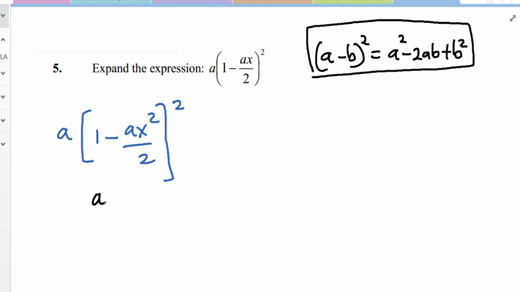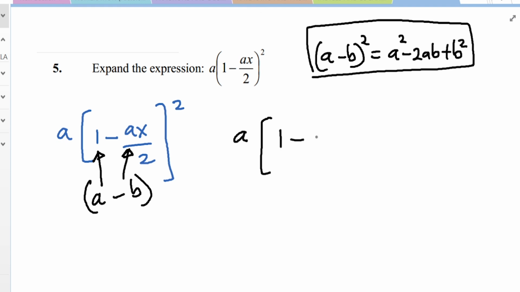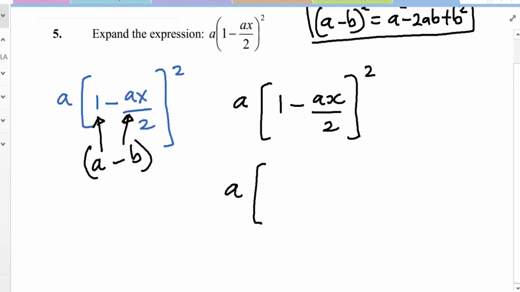This is our value of A. When we look at A minus B, this is our value of A, that is our value of B. And so we are going to expand it. This square is not there. So when we say A into (1 minus ax over 2) squared, now we're going to start expanding that using our identity.